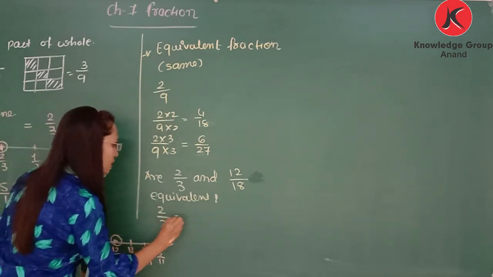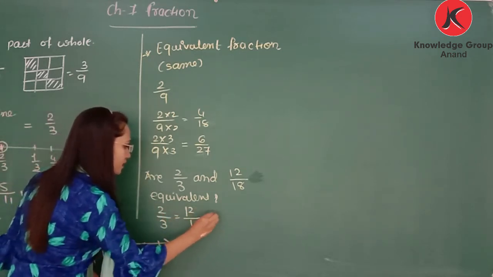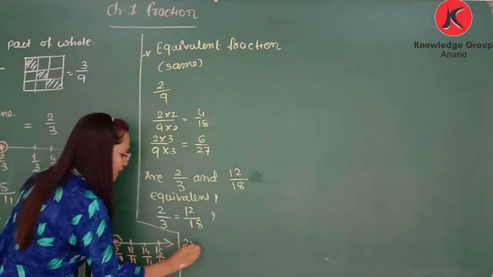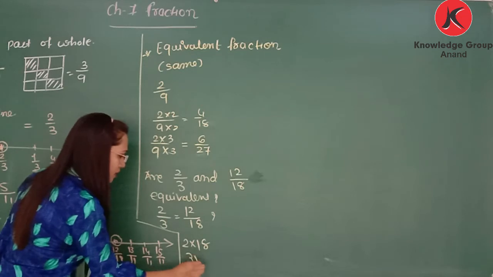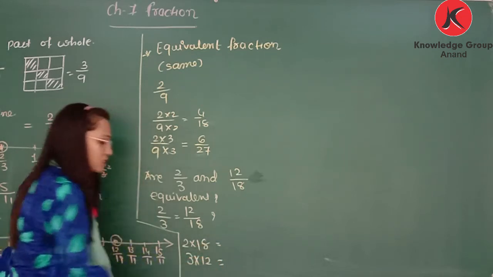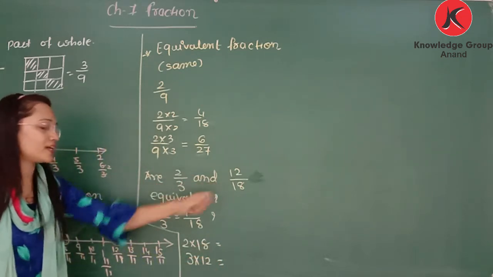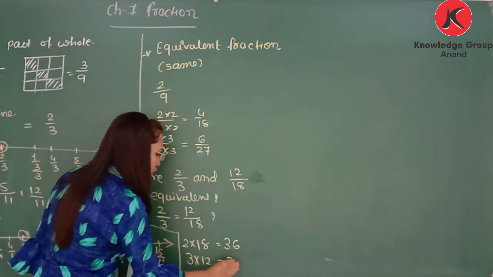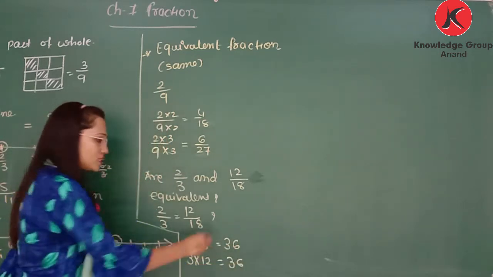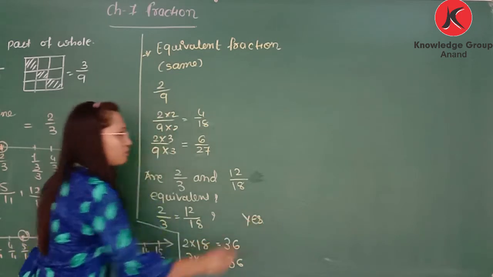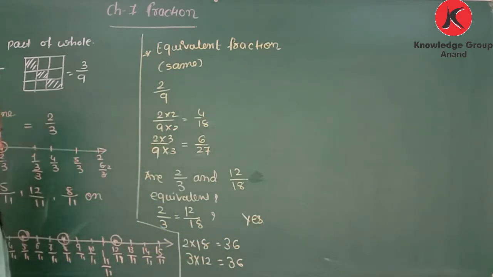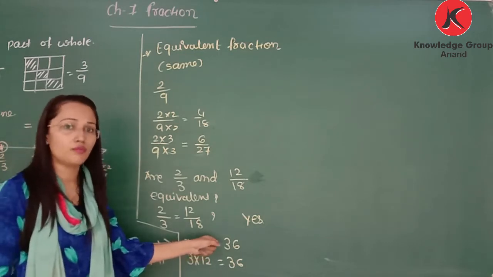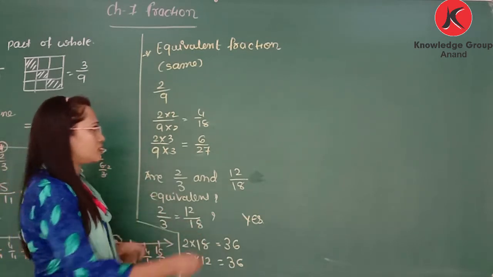So 2 multiply 18 and 3 multiply 12. If this multiplication is the same, then the two fractions are the same. So 18 2s are 36, 12 3s are 36. Means yes, they are equivalent. If two fractions are equivalent, it means the same. We can find it by cross multiplication.